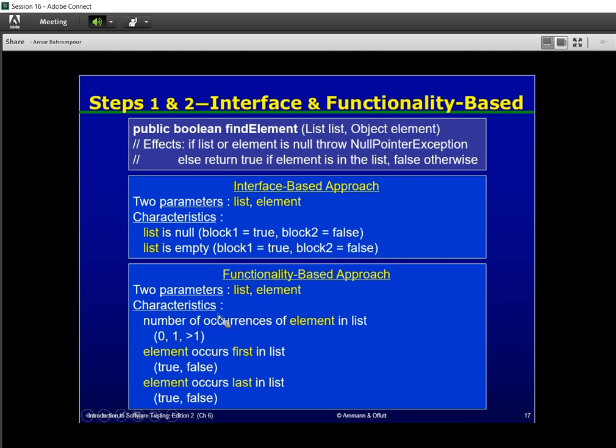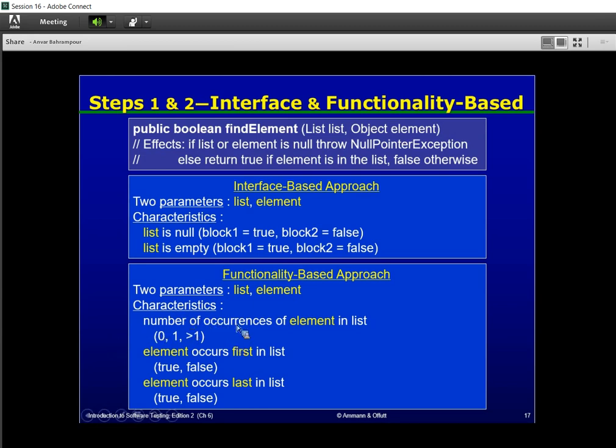The first characteristic could be the number of occurrences of an element in the list: zero, when the element is not located in the list, or one when we have only one occurrence of the element in the list, and more than one for several occurrences of the element in the list.